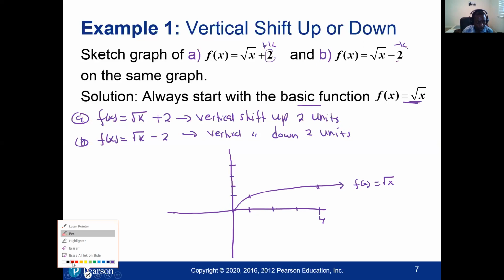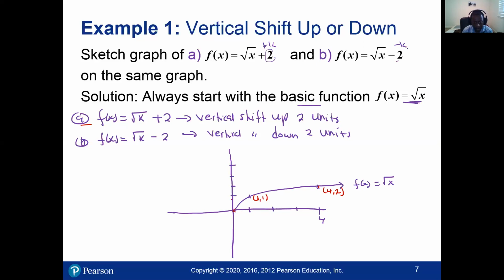Now, I'm going to change the color. If I'm going to shift this, this point is 1, 1, and this point is 4, 2. Now, for part A, we have to shift this 2 units up.